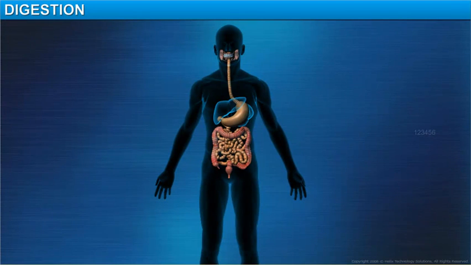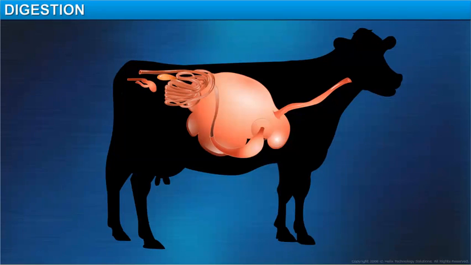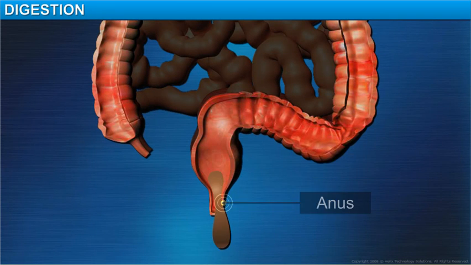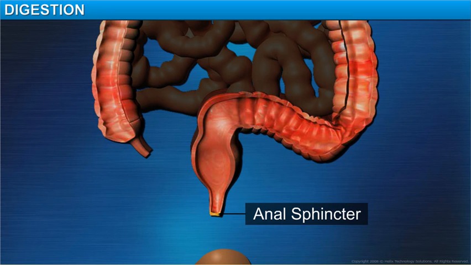It does not have any function in the digestive system of humans. However, it is functional in herbivores such as cows. The rectum stores the solid excreta until it is ready to be excreted from the alimentary canal through the anus. The exit of waste from the anus is regulated by the anal sphincter.